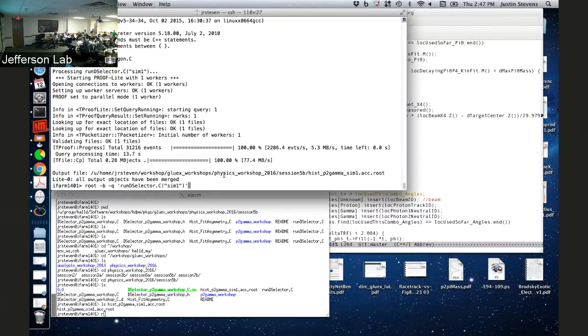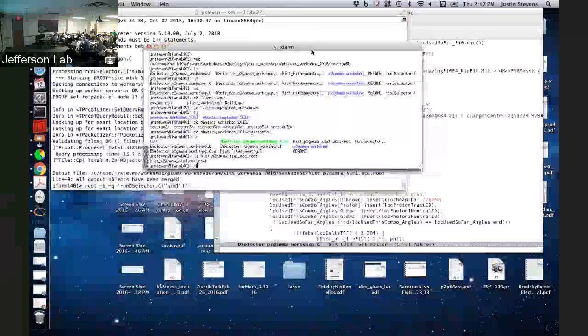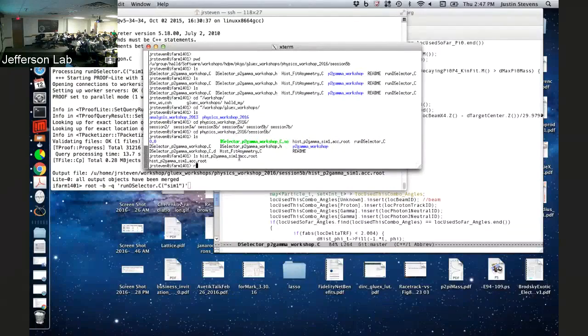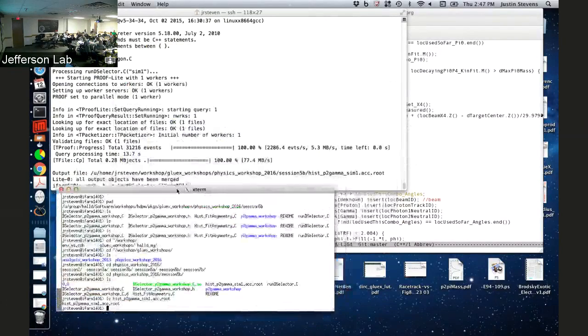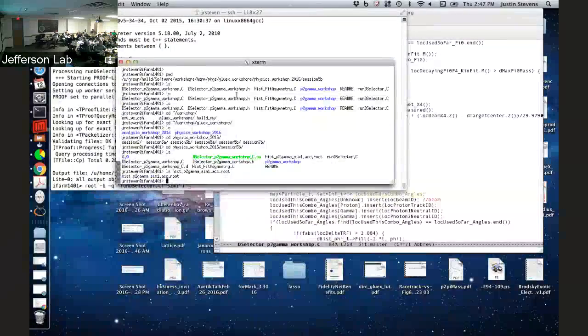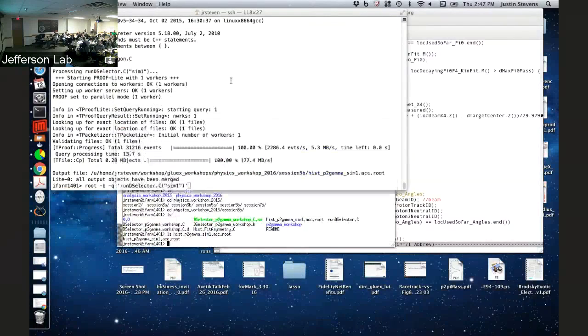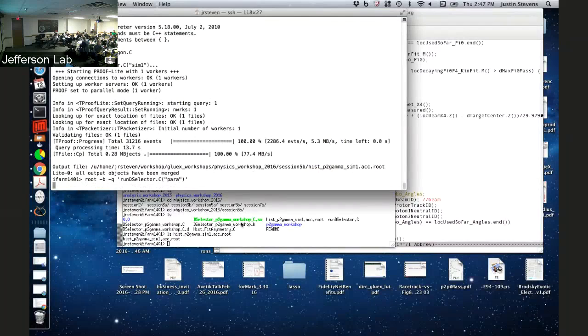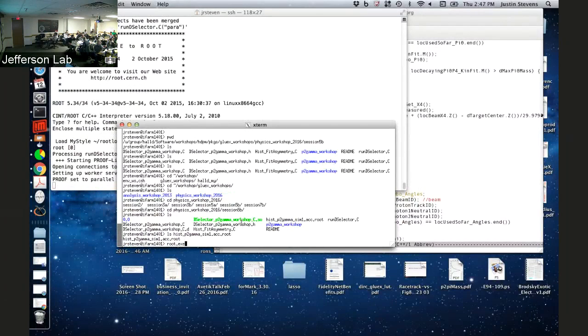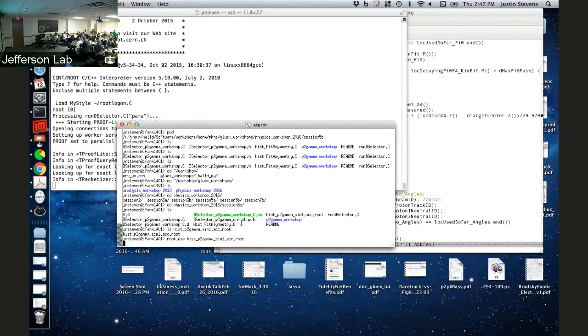So could you drag that up higher? Oh yeah, sorry, it's probably hard to see. I'll do it. So while you're running one of the other samples, you can run, for example, the para sample, and then start to take a look at this histogram file that's produced.